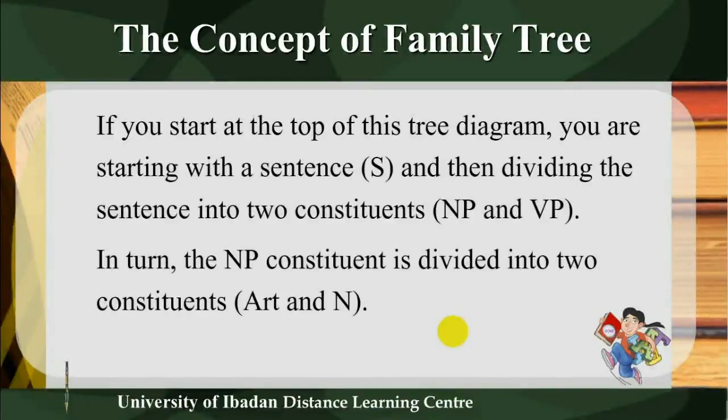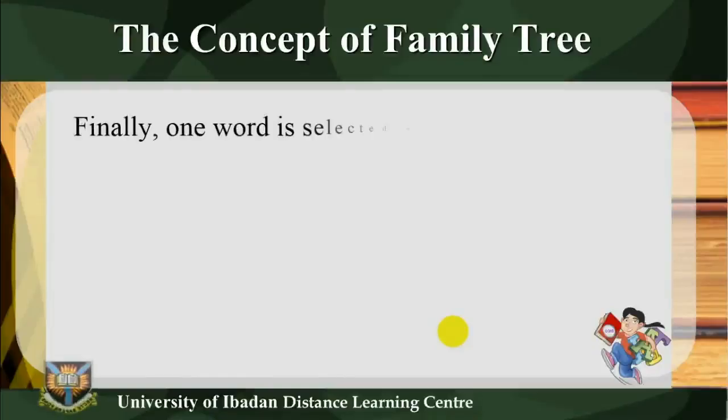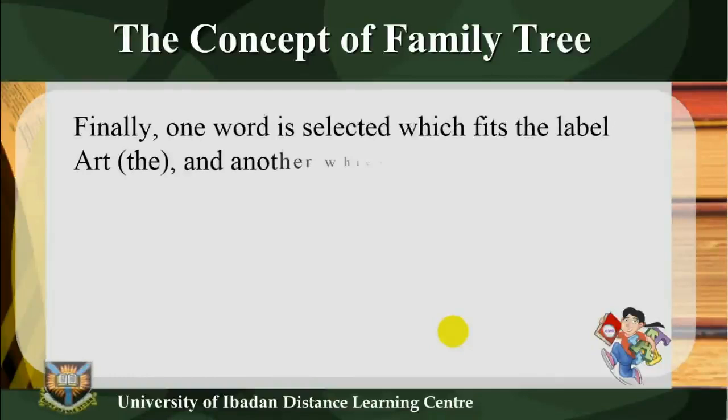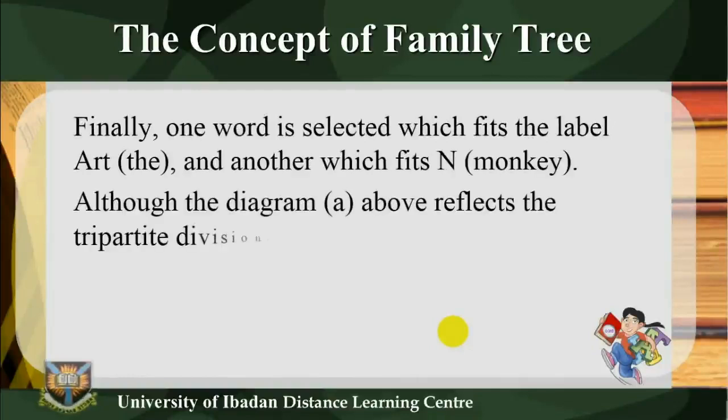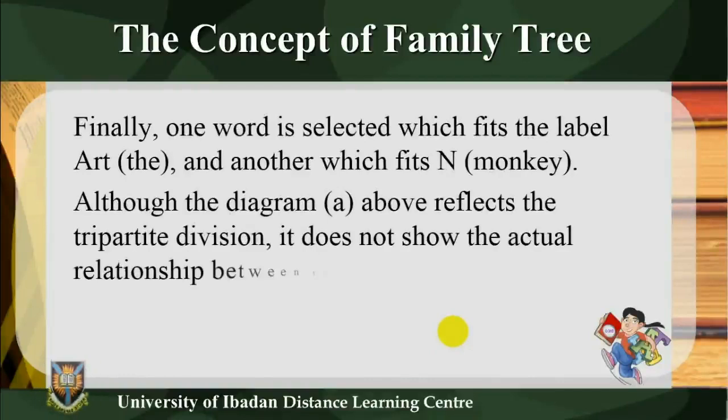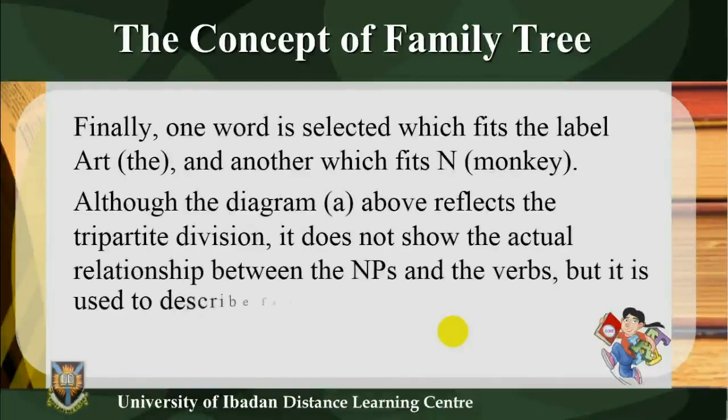In turn, the NP constituent is divided into two constituents, det and N. Finally, one word is selected which fits the label det, the, and another which fits N, monkey.